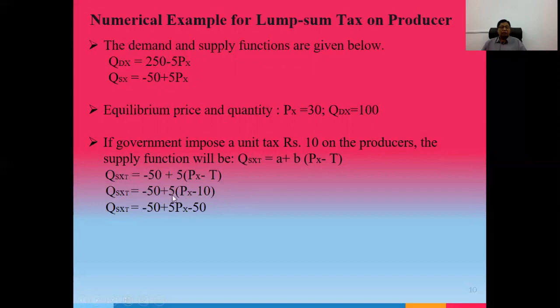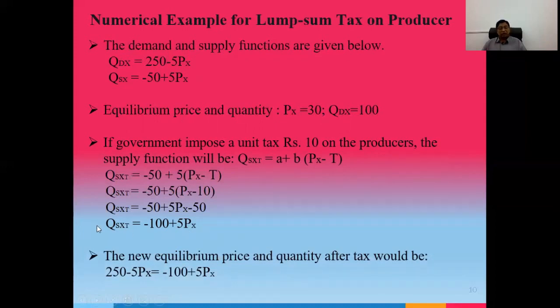When you remove the bracket, then you will get QSXT equals minus 50 plus 5Px minus 50. Then you will get the supply curve after tax: QSXT equals minus 100 plus 5Px.